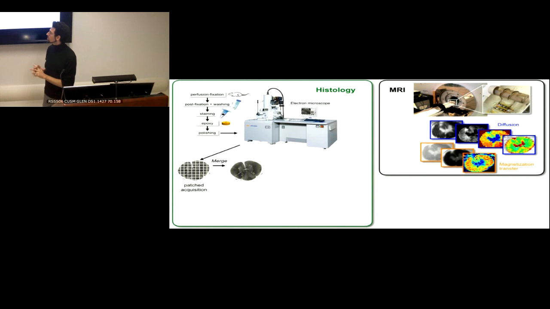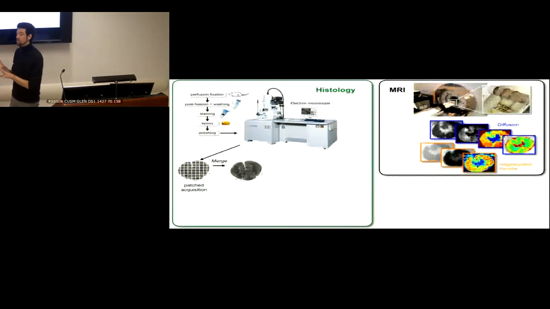So we need to find a good in between. We used an in-plane resolution of about 100 nanometers that enables us to acquire fairly large windows, and then we stitched all those windows together in order to get a full axial view. So it's a couple of millimeters square field of view that we can then compare point by point with the MRI.